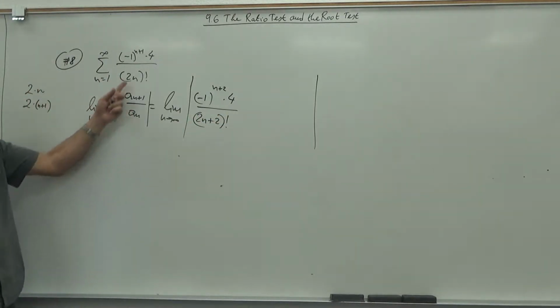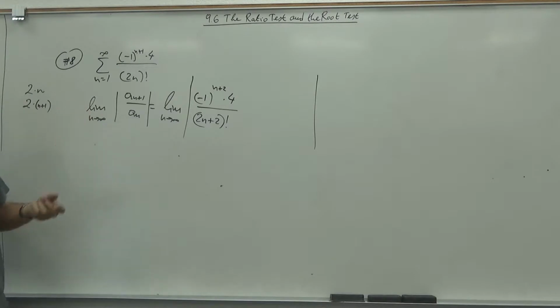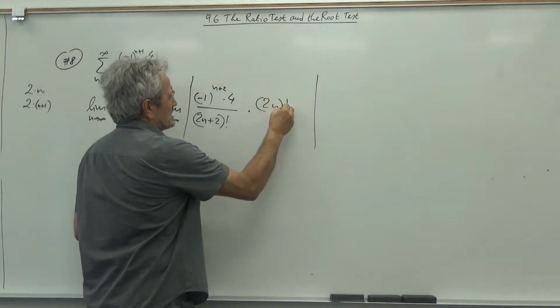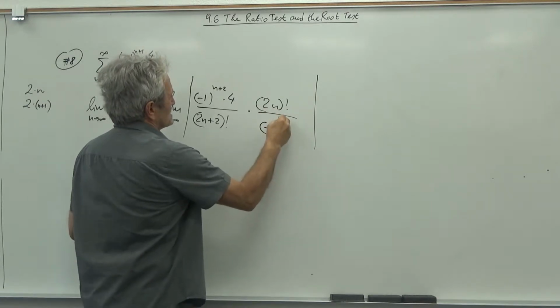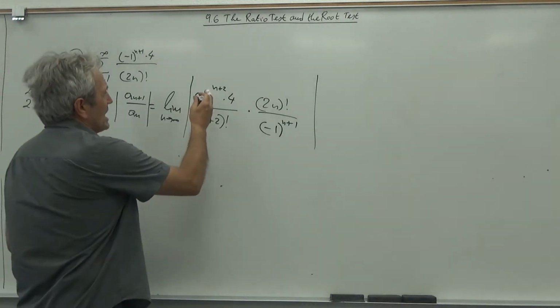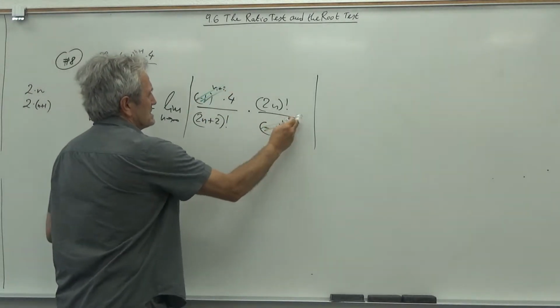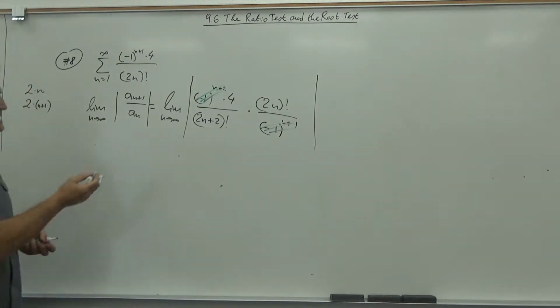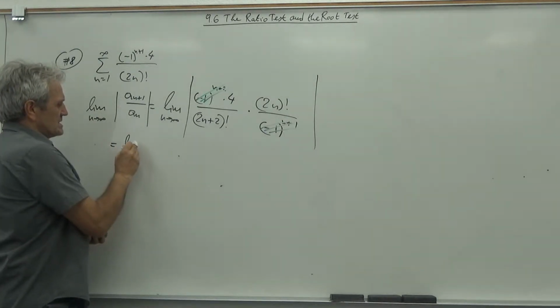And now I divide by a_n the way it was given. I'll immediately multiply by its reciprocal. So I'll take the reciprocal here, with (-1)^(n+1). And then, of course, this just alternates the sign. Since it's an absolute value, I can disregard those. So the only thing that matters are these factorials. And then we already saw this idea.